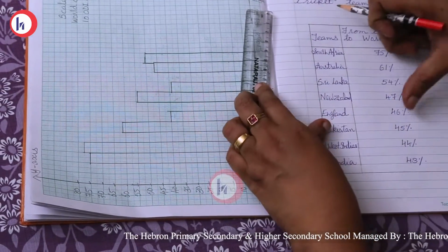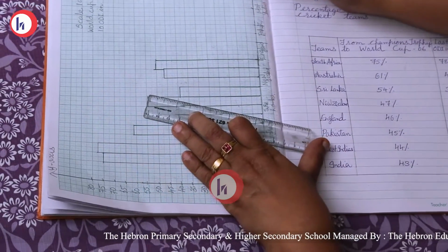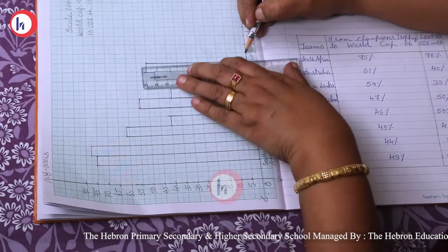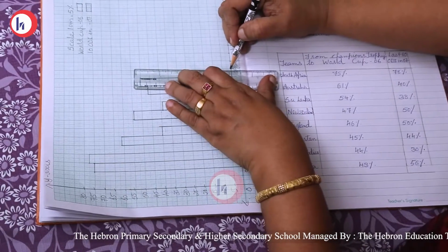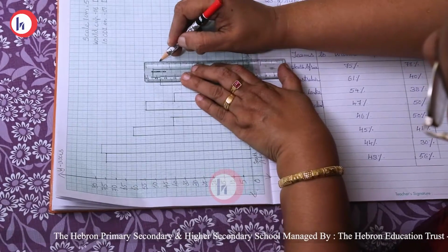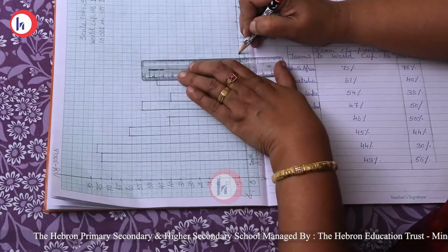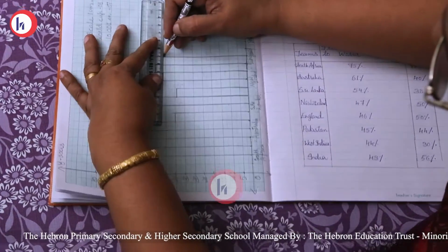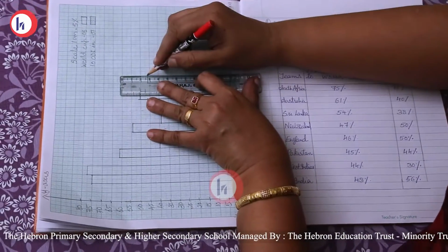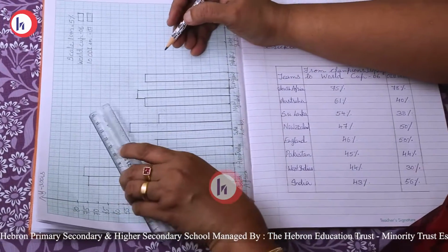Okay, now the next one is Pakistan, 45 and 44. Before that England, 46 and 50. England is not yet made. England is 46 and 50. Then 50.